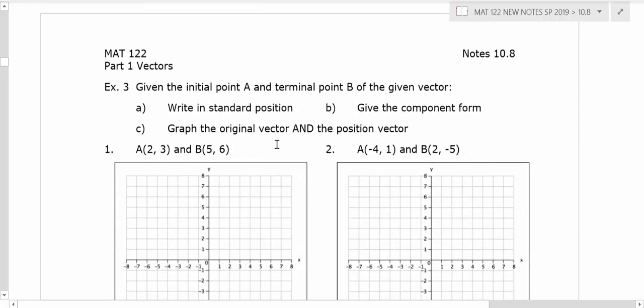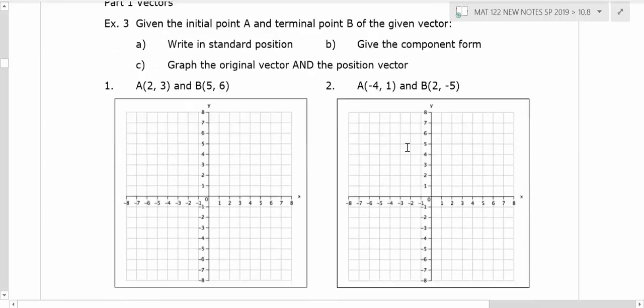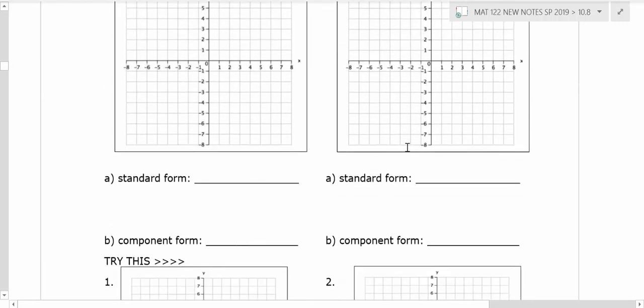Okay, so we're going to do some position vector work here. Given the initial point and terminating point of the vector, we're going to write each vector in standard position. Then we're going to give what we call the component form, and we're going to graph the original vector and the position vector.